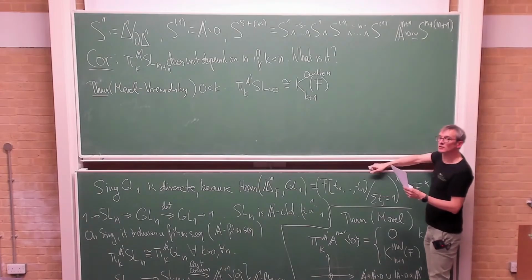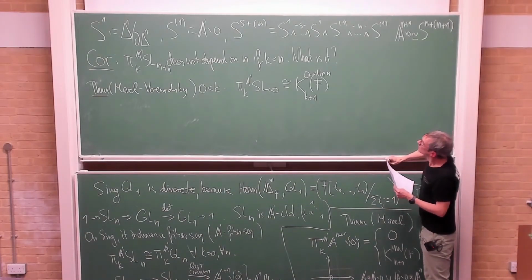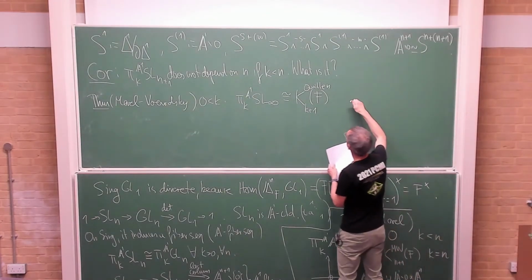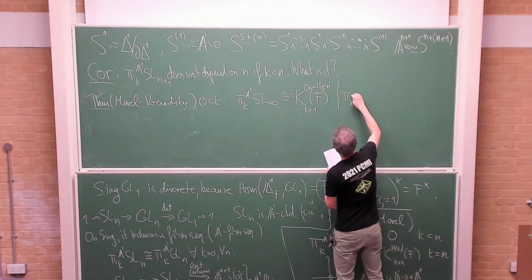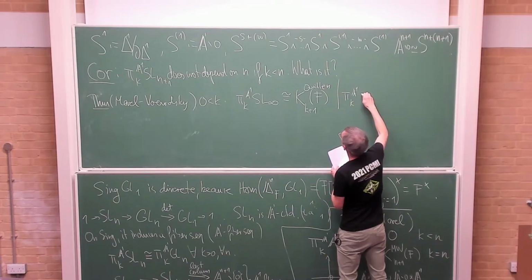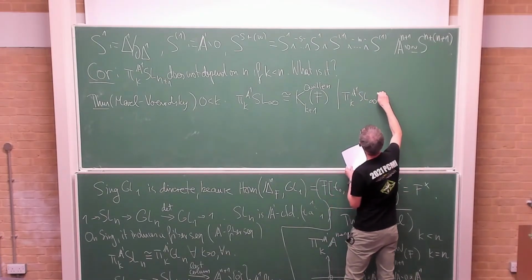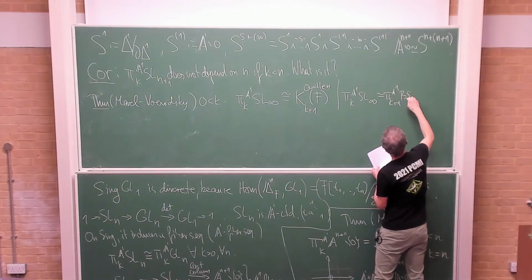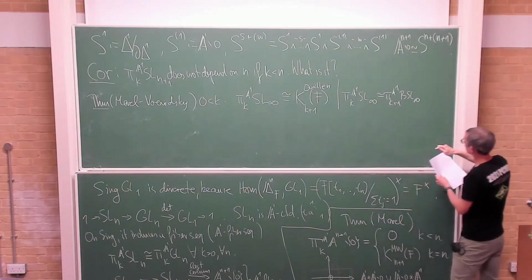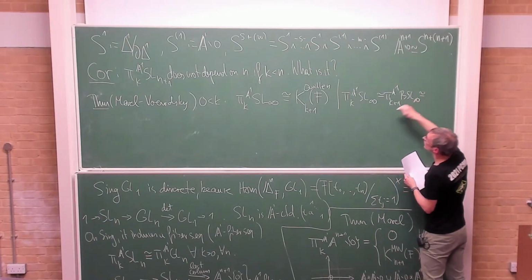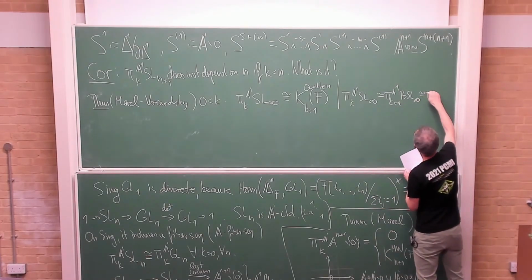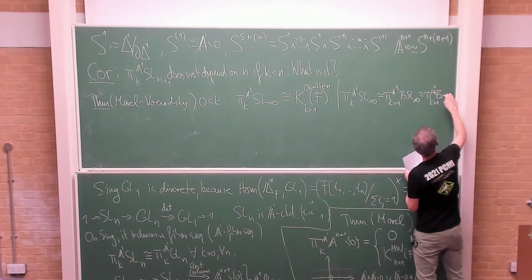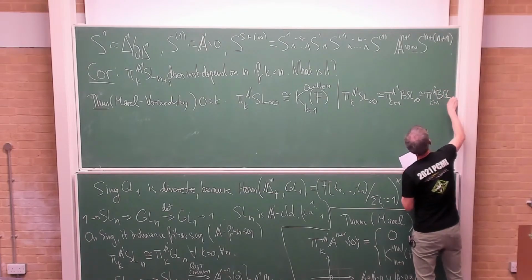Maybe just to quickly convince you that this is true, pi_k A1 of SL infinity must be the same as pi_{k+1} of BSL infinity. And we're here in the situation where k is positive, so this must be the same as pi_{k+1} of BGL infinity.